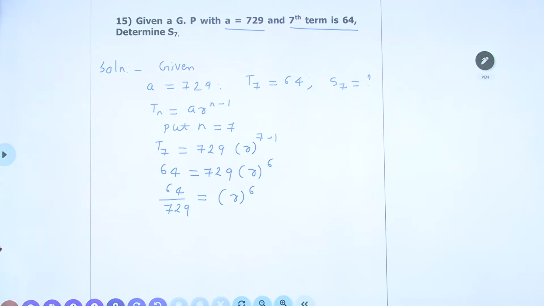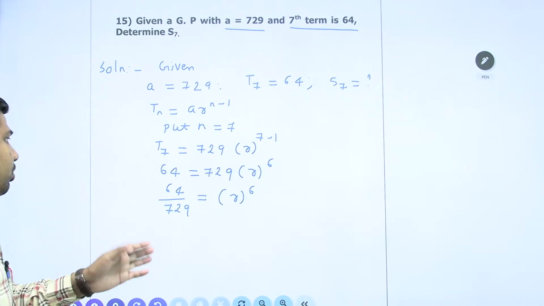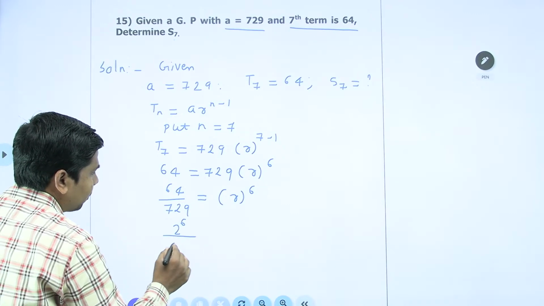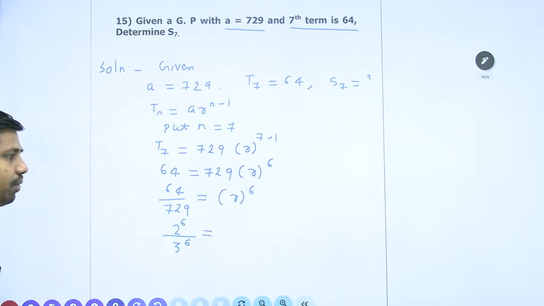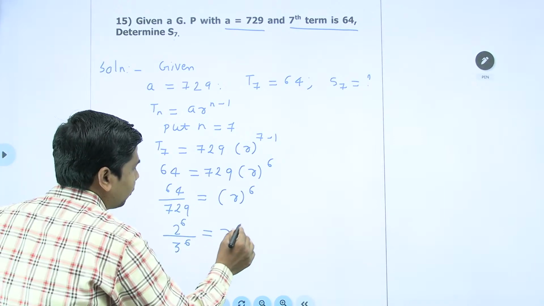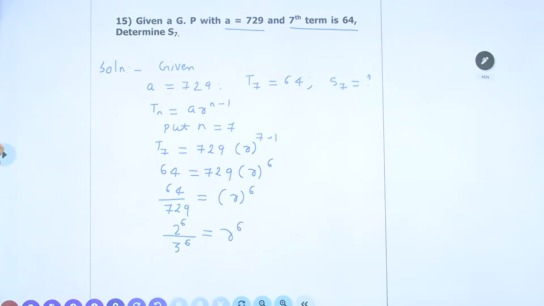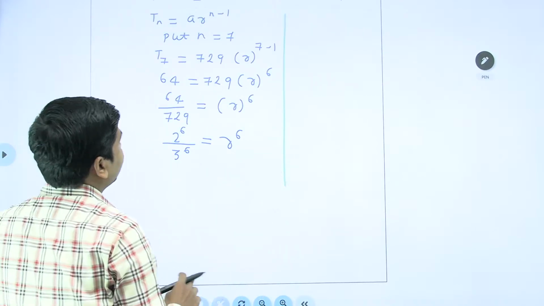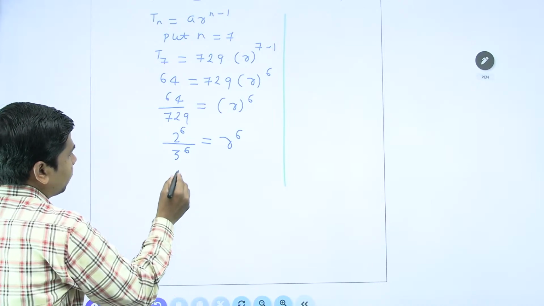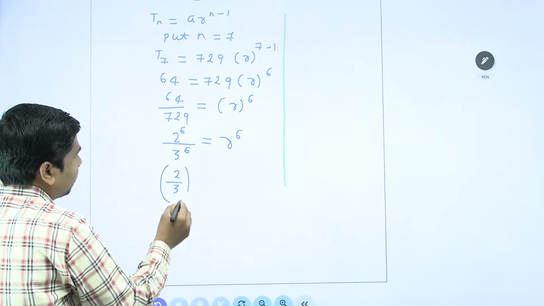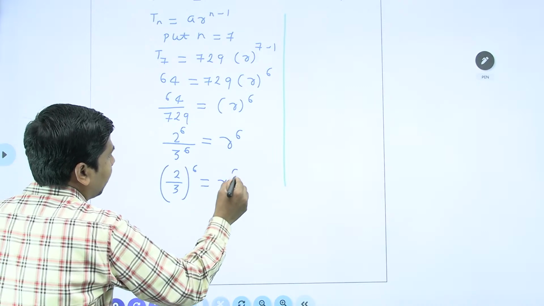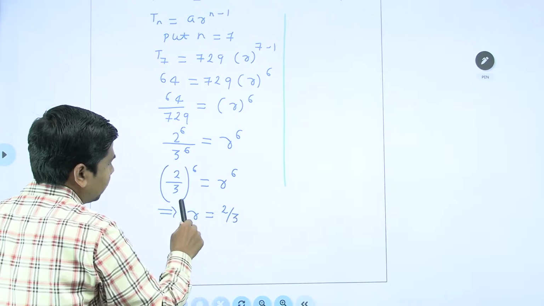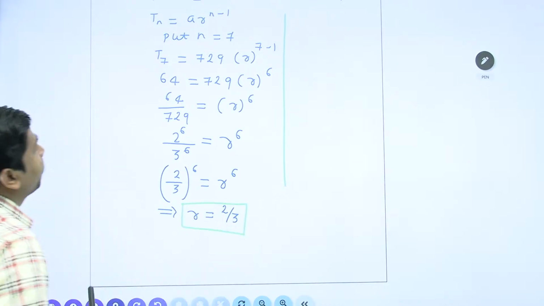So this you can write as 2 power 6, which is 64, divided by 3 power 6, which is 729, equal to R to the 6. So 2 by 3 whole power 6 equals R power 6, which implies R is equal to 2 by 3.